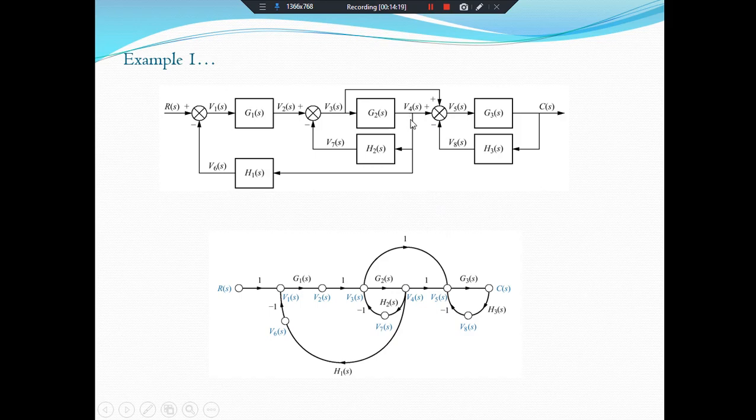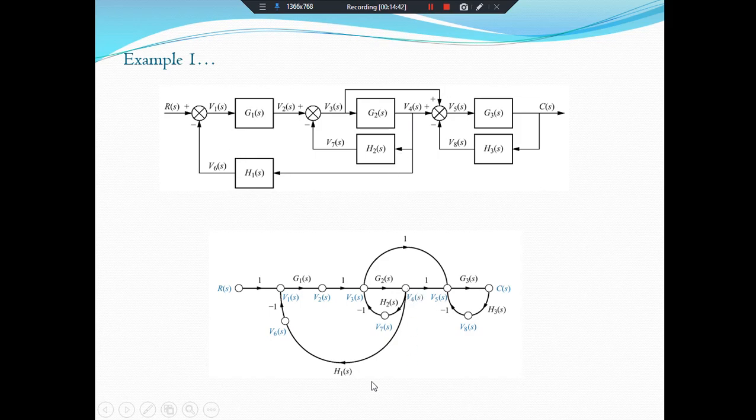Now V4 of S is connected with V3 of S via V7 of S. The gain between V4 and V7 is H2 of S, and the gain between V7 and V3 is -1. So we draw in the same manner, and the last feedback path is from V4 to V1.